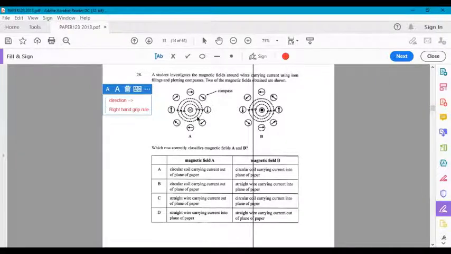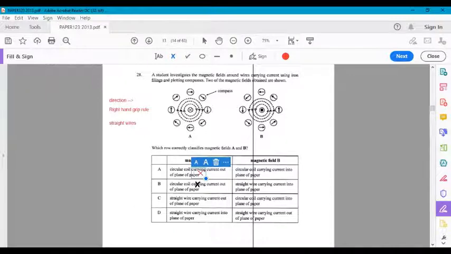the direction of the field, first of all. It's concentric circles. That's characteristic of straight wires, okay? So that's the first thing that we can rule out. So anything here not talking about straight wires, then we can X those out. This is not the magnetic field of a circular coil.